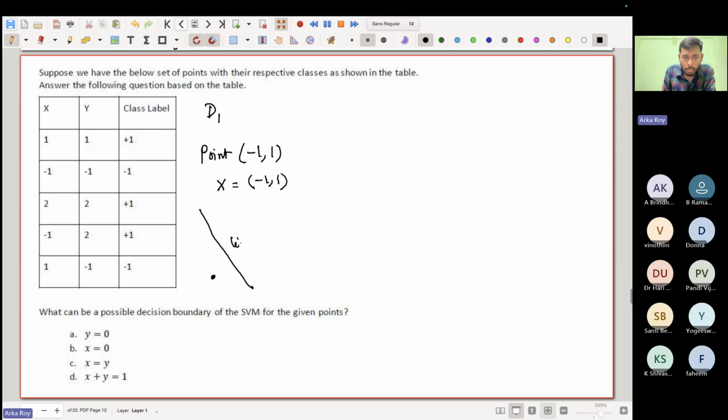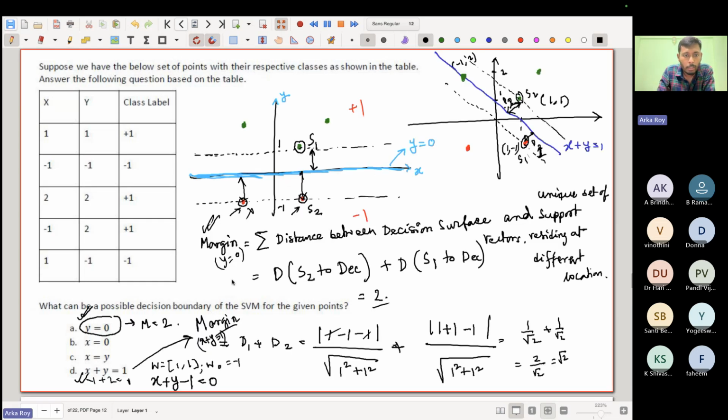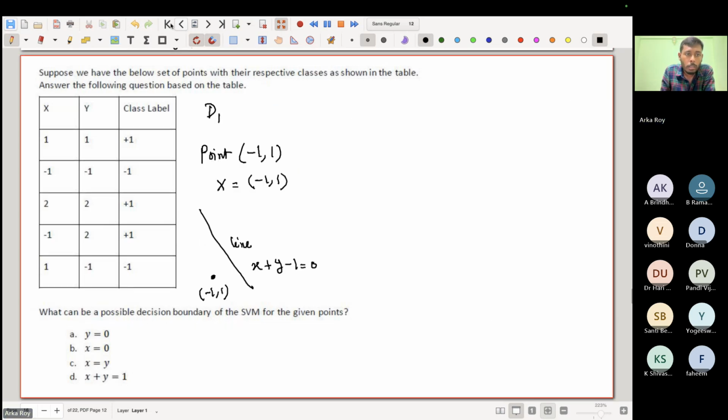This is the line which has equation x plus y minus 1 equals to 0, and this is the point. The point is -1 comma 1. Is it? Sorry, 1 comma -1. Sorry. This is 1 comma -1.